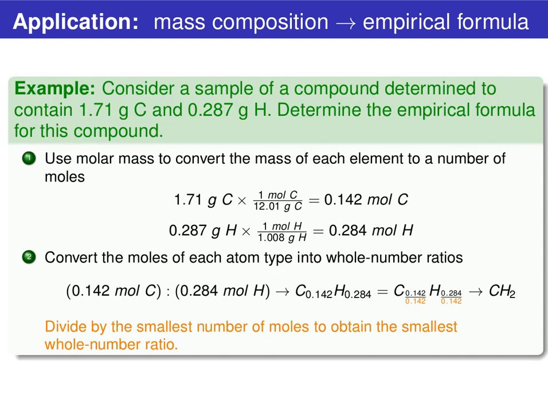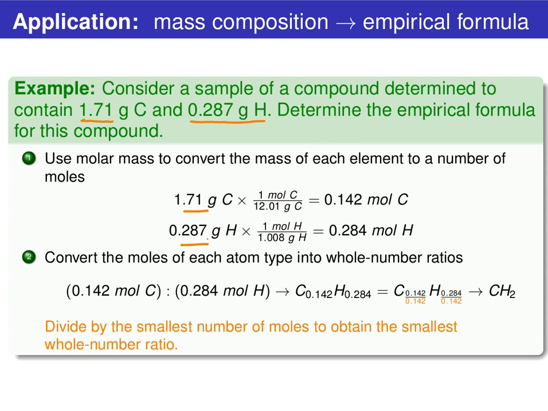Okay, so we'll look at our first example, and I think this process will become clear. We've got a sample that's determined to contain 1.71 grams carbon and 0.287 grams of hydrogen. Okay, we want to now determine the empirical formula of this compound. All right, so we're going to start off with the mass of each one of these elements.